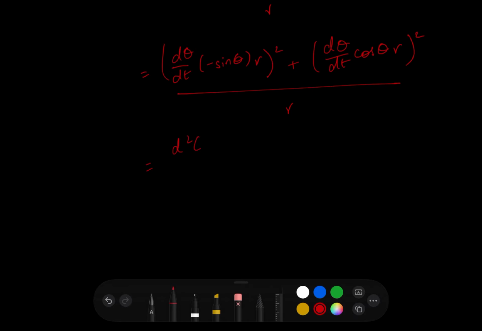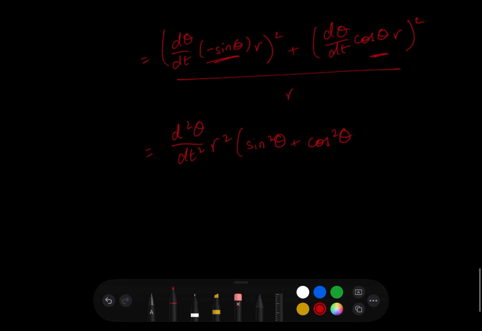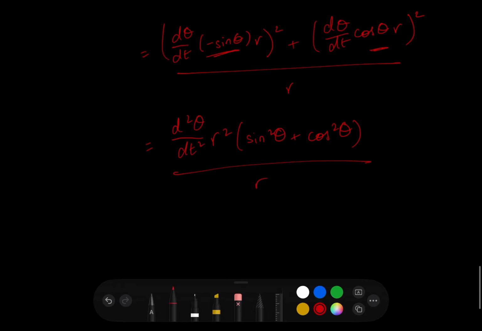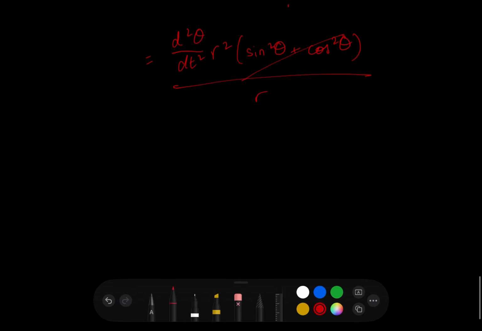And so now we can write d theta by dt squared times r square. And then, when we square negative sine theta, it becomes sine square theta plus cosine square theta from here. And we just have r in the bottom. So because this just goes to 1, and we can cancel the r's, this is just d theta by dt squared times r.